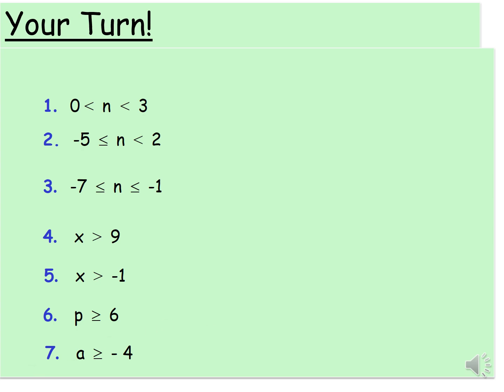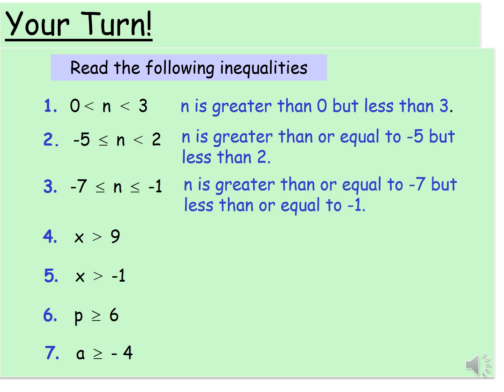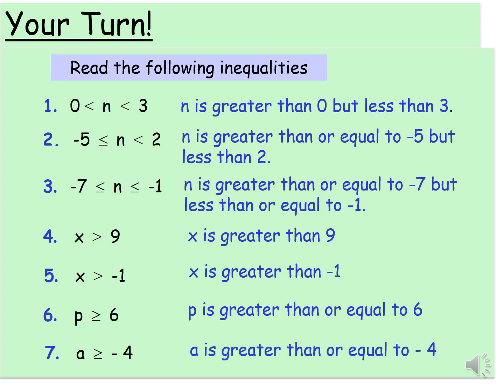Right, let's quickly go through the answers. The first one: n is greater than 0 but less than 3, and so on. You can pause the video to check your answers. Okay, let's move on.